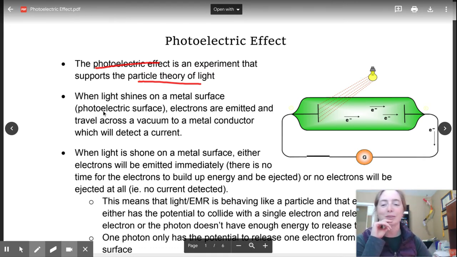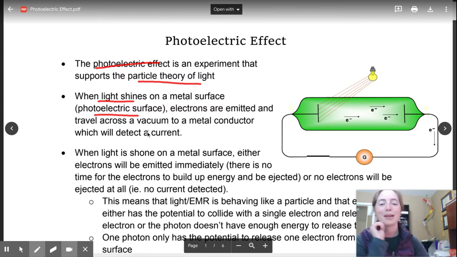When light shines on a metal surface, or your photoelectric surface, electrons are going to leave that metal and travel across a vacuum, and then you can have a detector that'll pick up the current. Remember that current is flowing electrons.